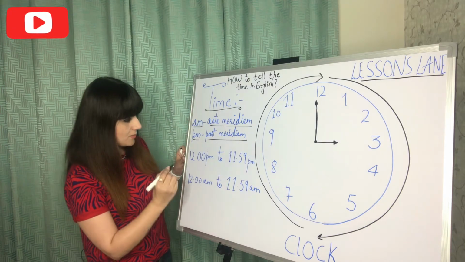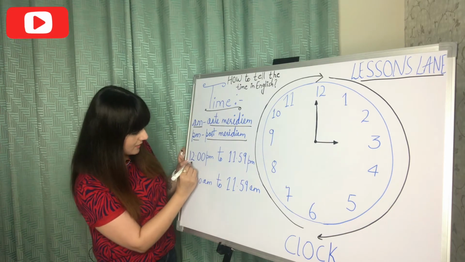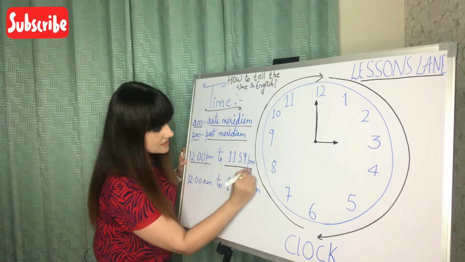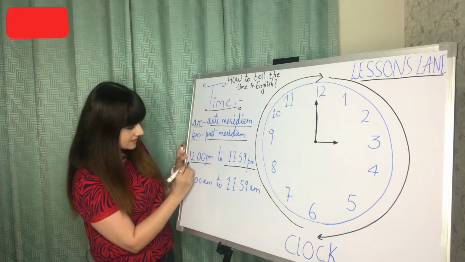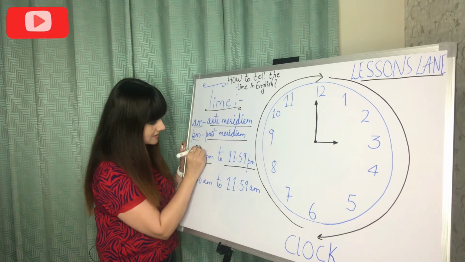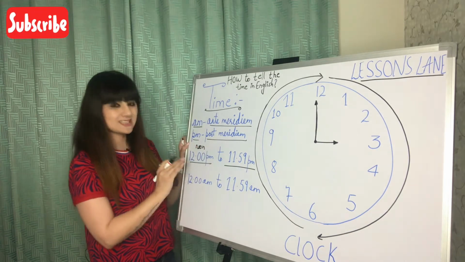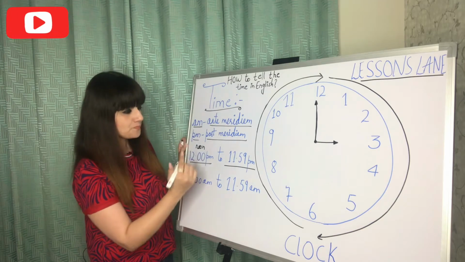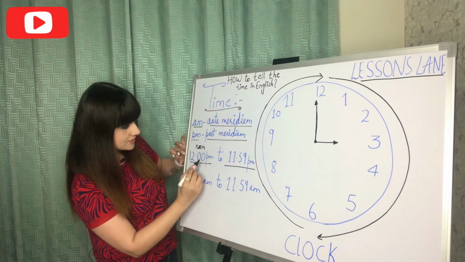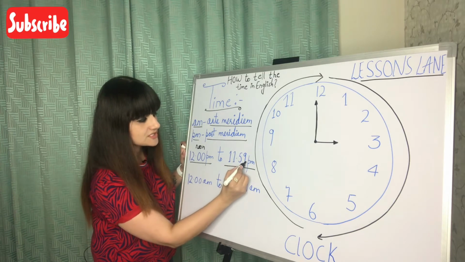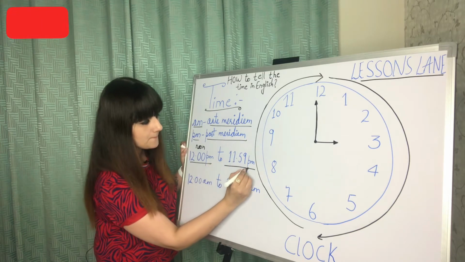All right, moving forward, here we have 12 p.m. to 11:59 p.m. When it comes to 12 o'clock, we are talking about noon time. So it's 12 noon. What time is it? It's 12 noon. And till night, 11:59, we have to use PM.